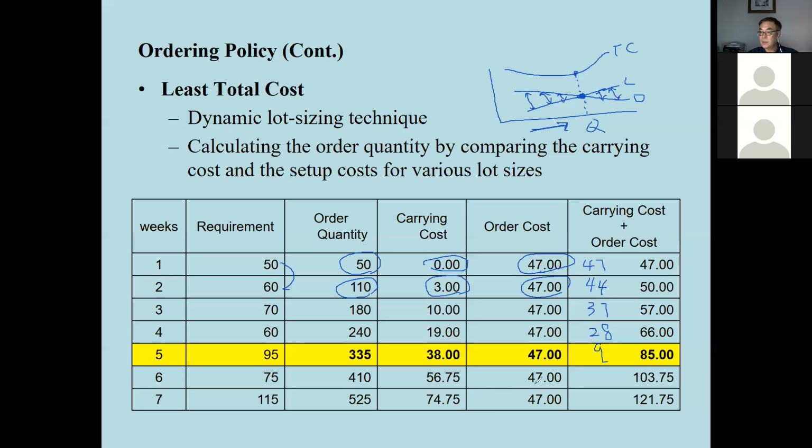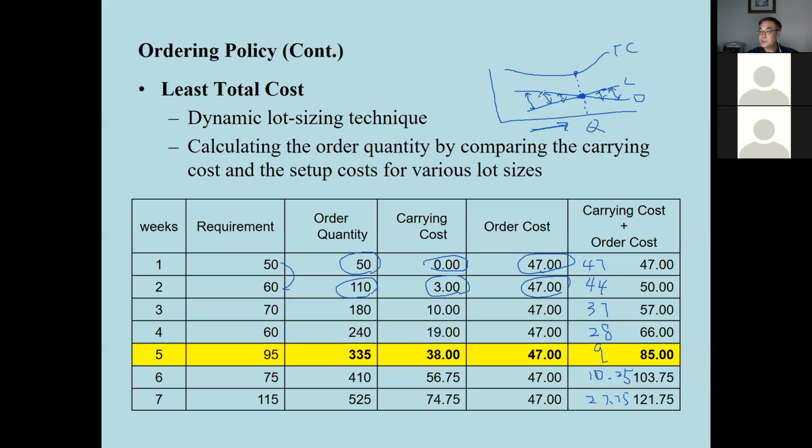And then 47 minus 56, that will be 10.25, and then here 27.75.